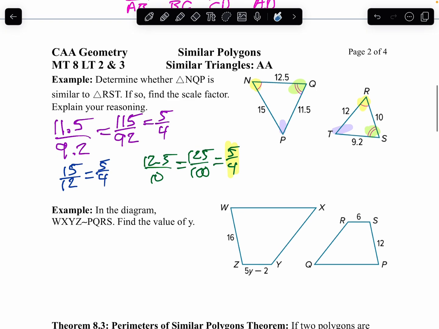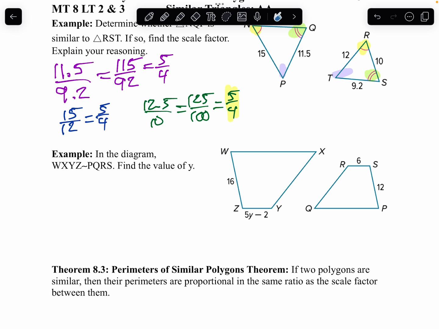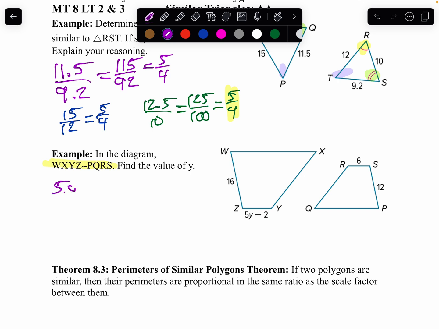Now, in the next one, we're told they're similar. So I don't have to do any guessing about what's going on. They are similar. I want to find the value of y. So what I'm going to do here is look at 5y minus 2 over. Well, 5y minus 2, notice that is ZY. So ZY corresponds to RS.